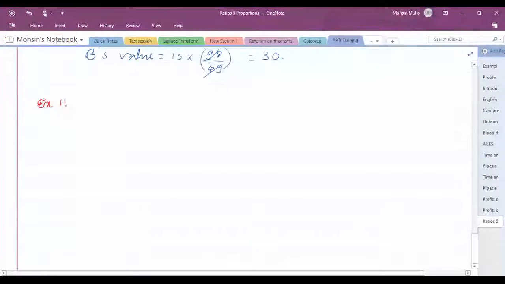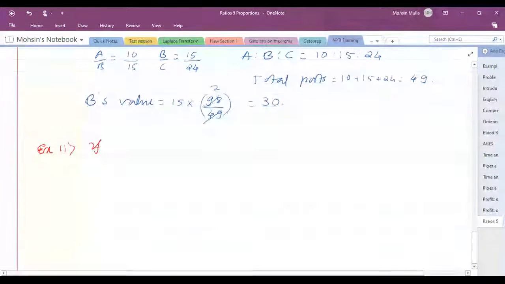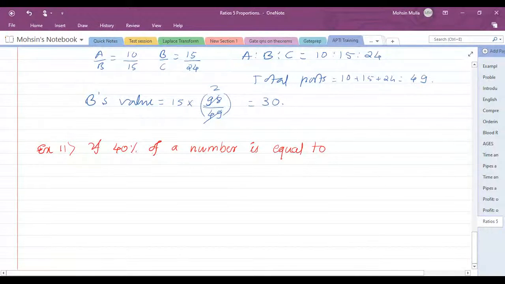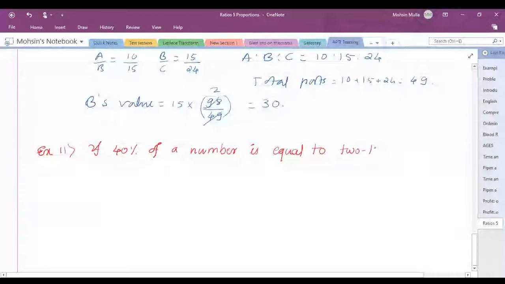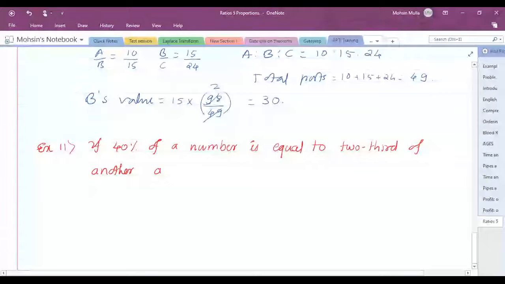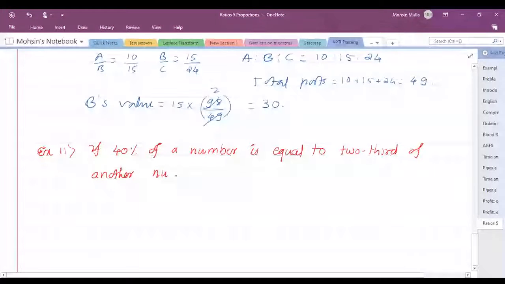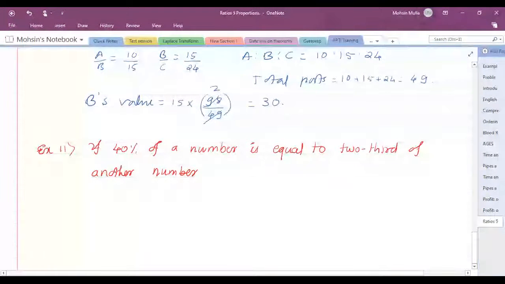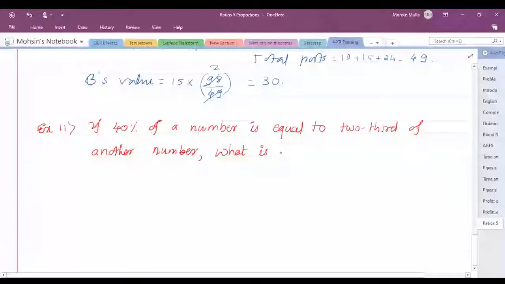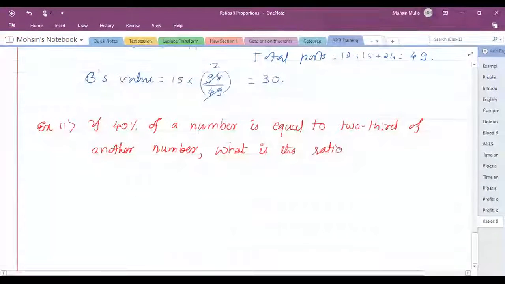Problem number 11. If 40% of a number is equal to two-thirds of another number, what is the ratio of the first number to the second number?